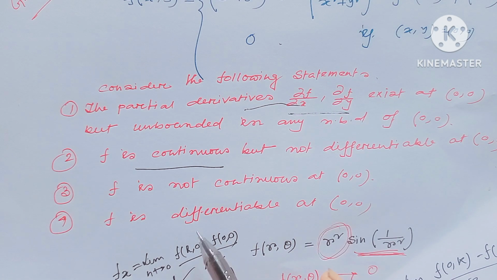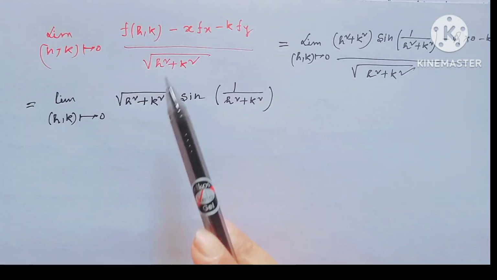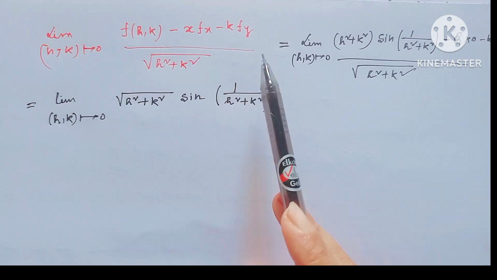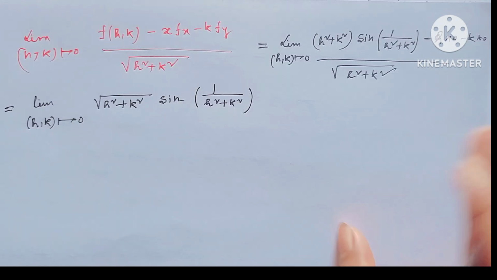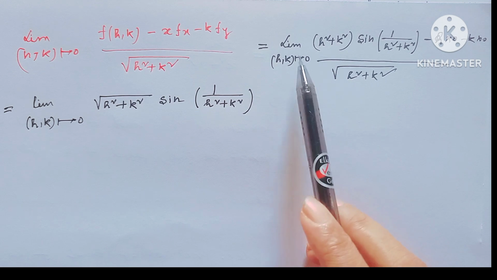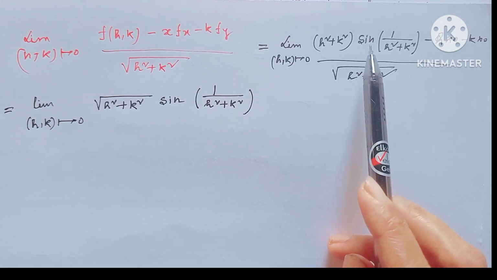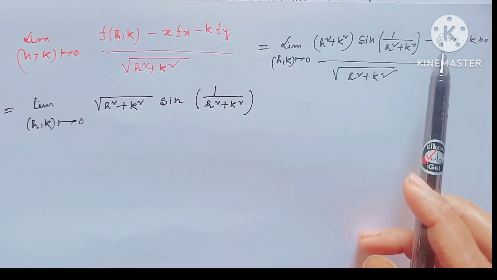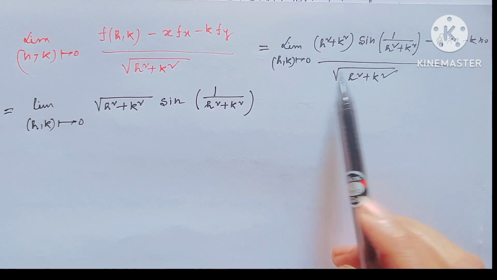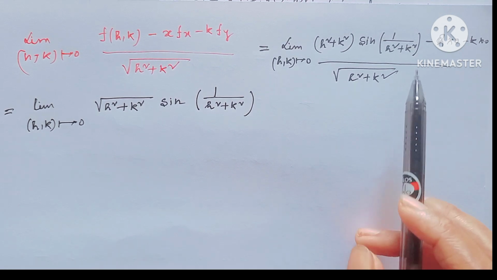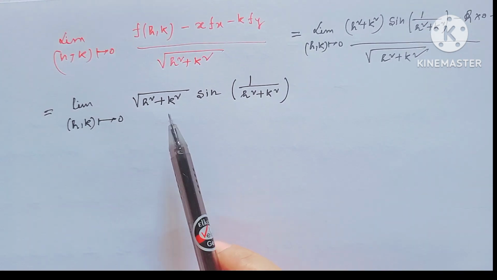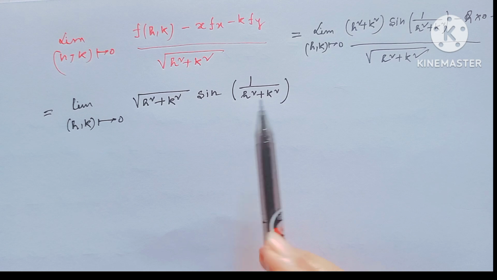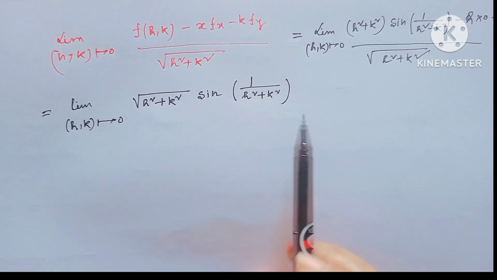Now I will see the differentiability. For differentiability, limit h, k goes to 0 of f of hk minus h fx minus k fy divided by square root of h square plus k square. And f of hk means limit hk goes to 0, h square plus k square sin 1 over h square plus k square, minus h times 0 minus k times 0, divided by square root of h square plus k square. And this value is limit hk tends to 0 of square root of h square plus k square sin 1 over h square plus k square.